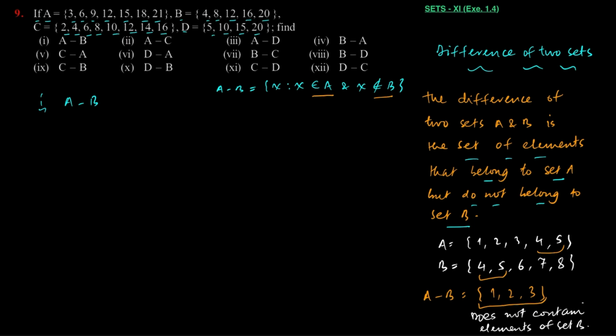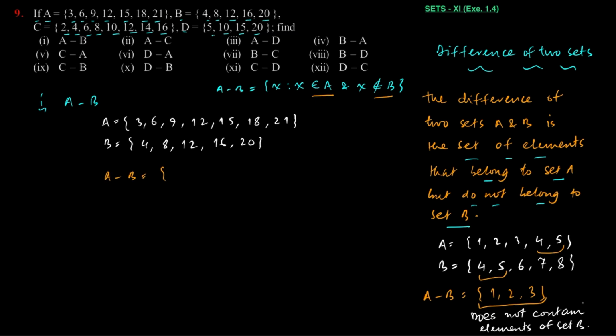So here set A is having elements as 3, 6, 9, 12, 15, 18 and 21. While set B is with elements 4, 8, 12, 16 and 20. So what will be A minus B?